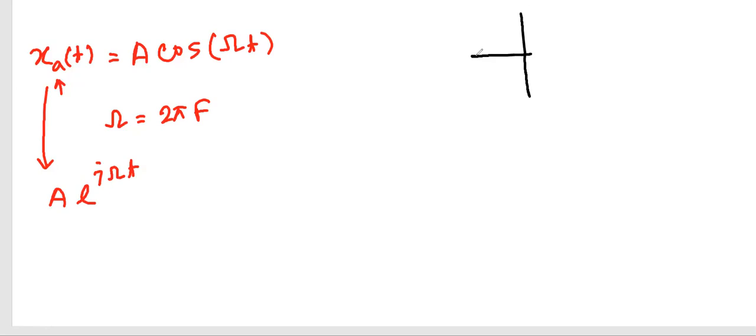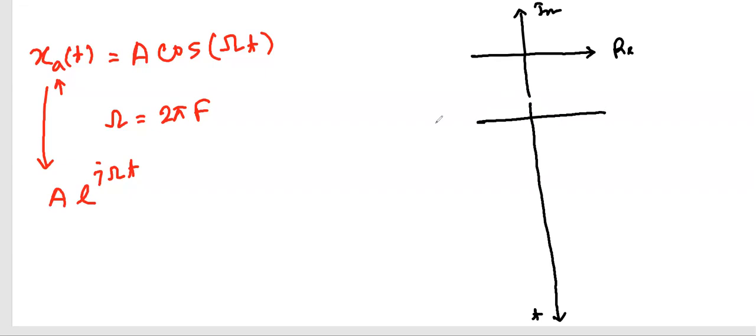So we are representing two things. One is the graphical representation with the real and the imaginary axes, and the other is the scale for the time domain, where t equals 0, where this real axis also shows t equals 0, or you can say that the phase is also 0.